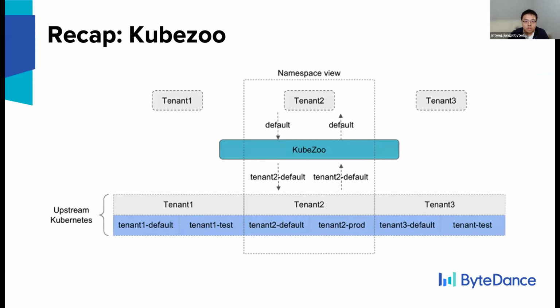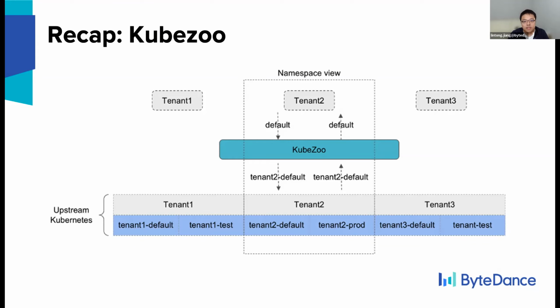First of all, let's have a quick recap of Kubezoo. Kubezoo is a lightweight gateway service for Kubernetes multi-tenancy. It presents a new tenancy model for Kubernetes. Currently, there are three main tenancy models in Kubernetes: namespace as a service, control plane as a service, and cluster as a service.